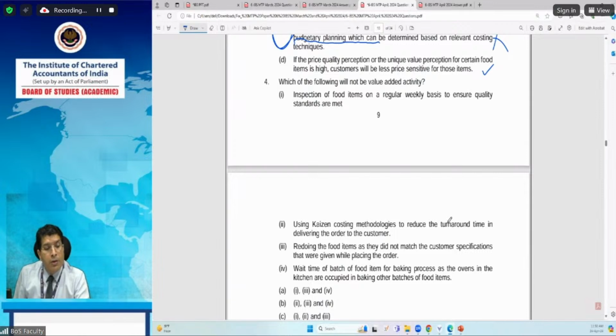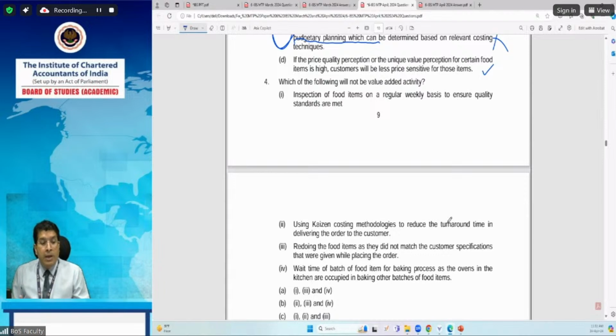Second, using Kaizen costing methodologies to reduce the turnaround time in delivering the order to the customer. We are going to implement Kaizen costing methodologies to reduce turnaround time.